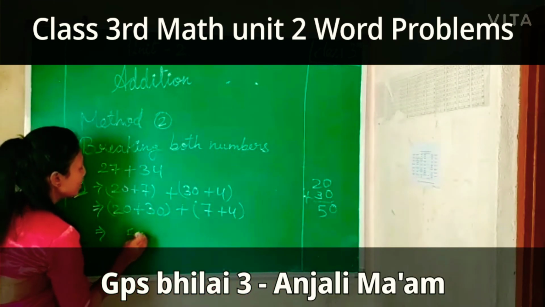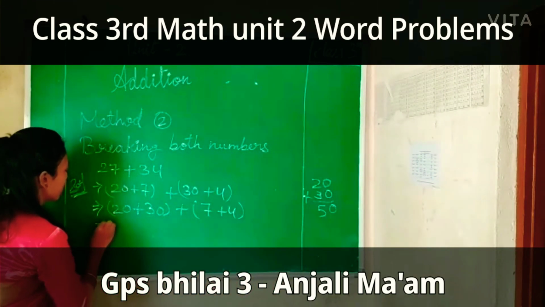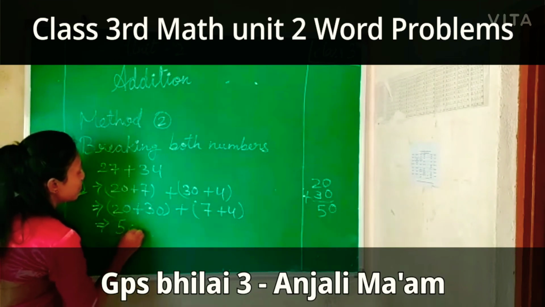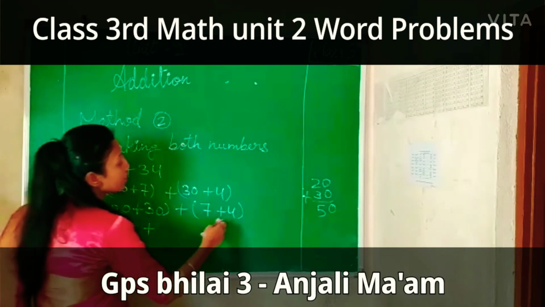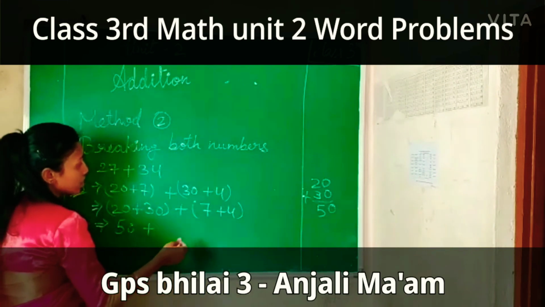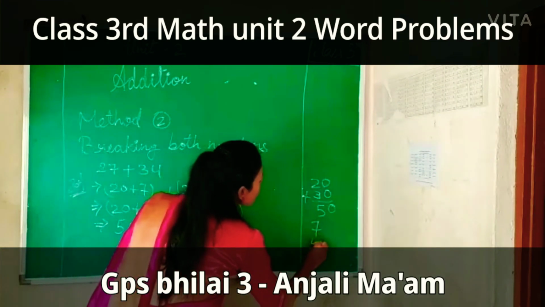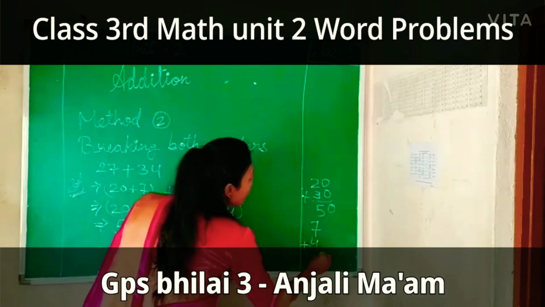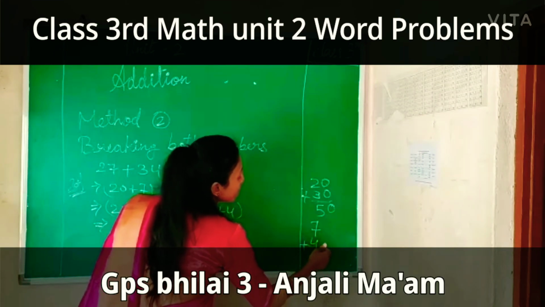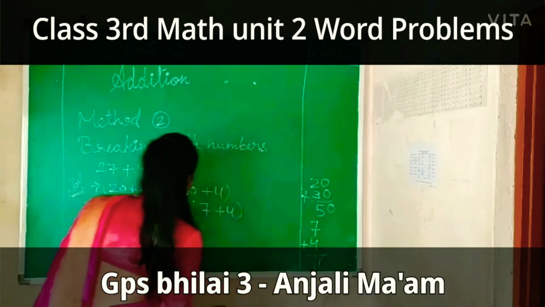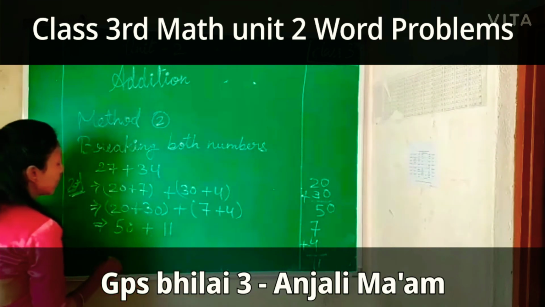So it will become 50. Then 7 plus 4, how much? This is a single digit addition, 7 plus 4: 7, 8, 9, 10, 11. So here it will become 11.